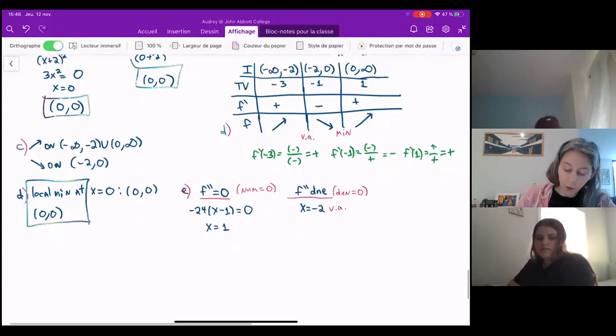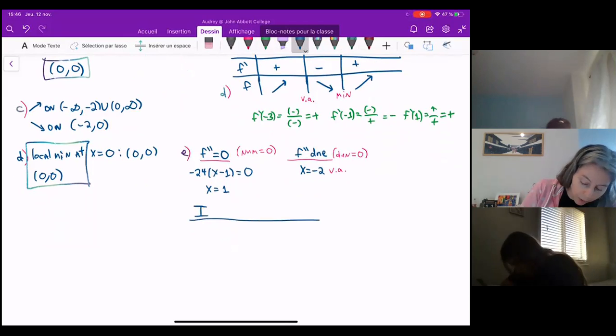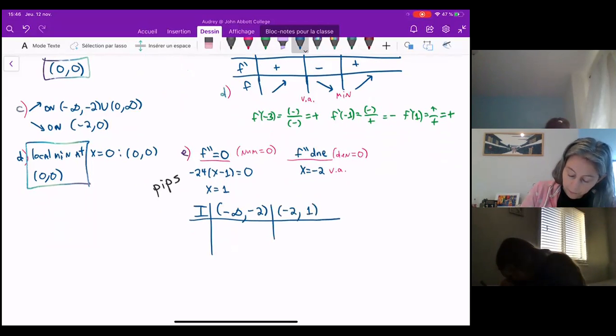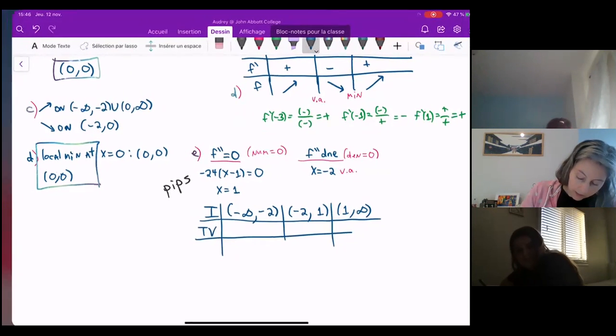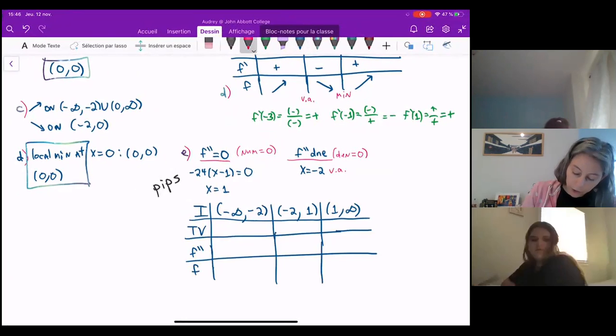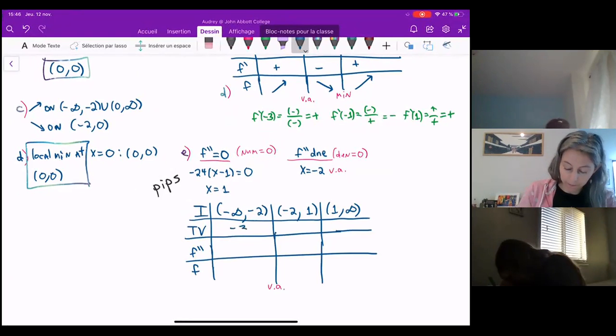So that's my vertical asymptote. And now I redo the same chart that I just did. It's just that I'm going to plug into f double prime instead of f prime. So I have negative infinity to negative 2, negative 2 to 1, and 1 to infinity. I have some test values. I have f double prime, and then I have f. And that negative 2 is a vertical asymptote. It cannot be an inflection point.